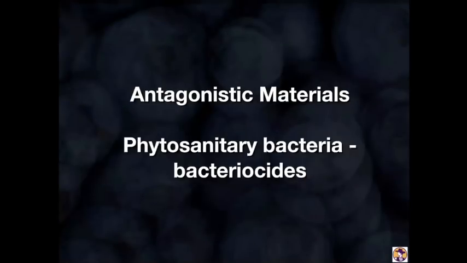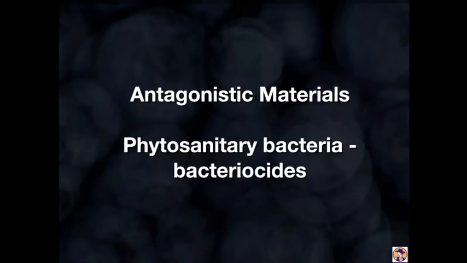And then another very important and very obvious antagonistic material combination is the use of phytosanitary bacteria for control of potential bacterial and fungal pathogens on the leaf surface, on the phylloplane, combined with bactericides. So there are a number of biological inoculants combined with enzyme biostimulants available today.